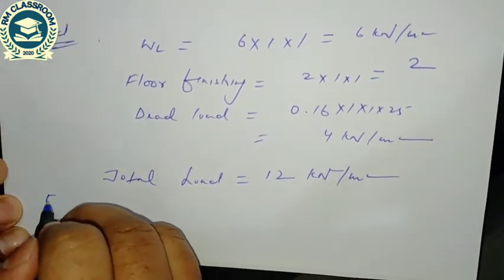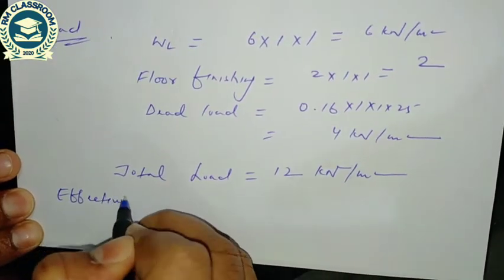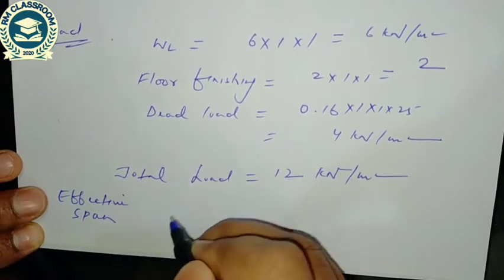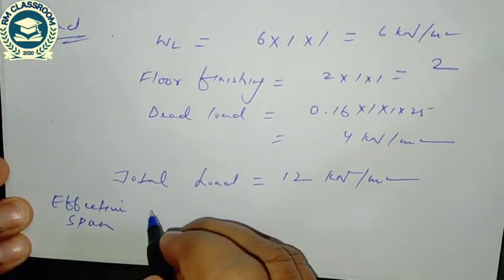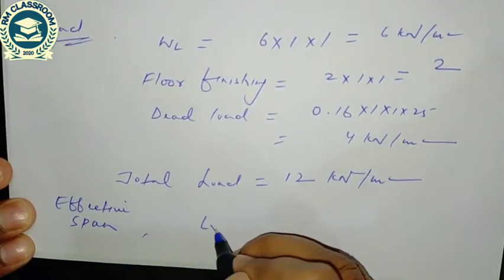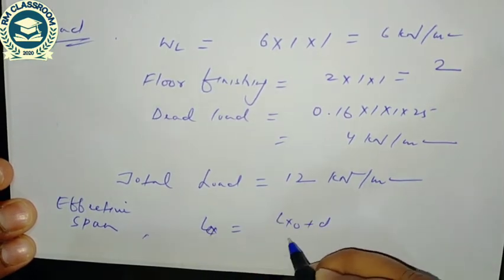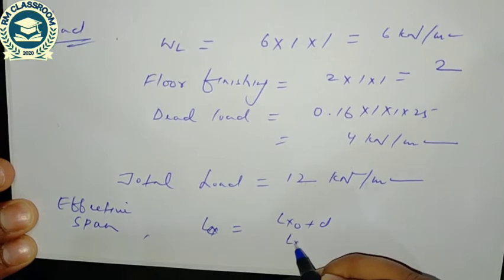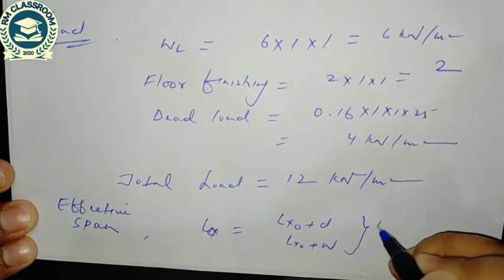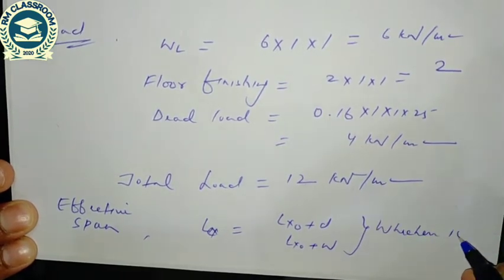Similarly, effective span can be computed. So effective span Lex is equal to Lx naught plus d, or Lx naught plus w, whichever is less.